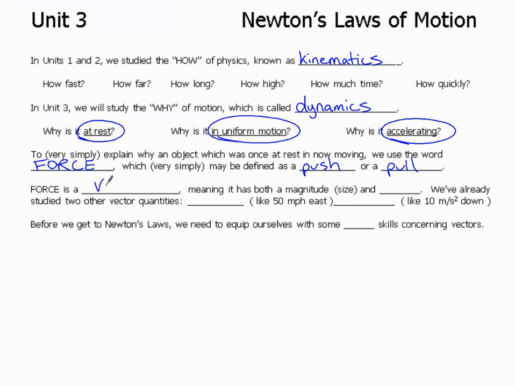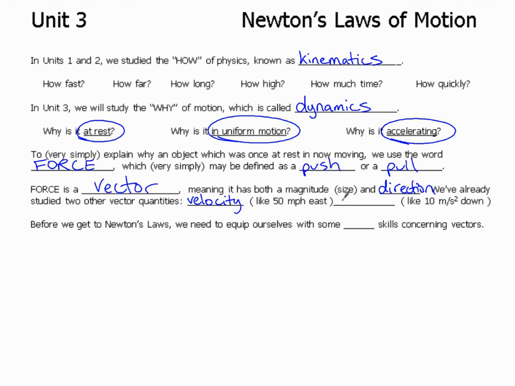Force is a vector, meaning it has both magnitude, which is size, and direction. We've already studied two other vector quantities. One was velocity, like 50 miles per hour to the east, as a magnitude and a direction.